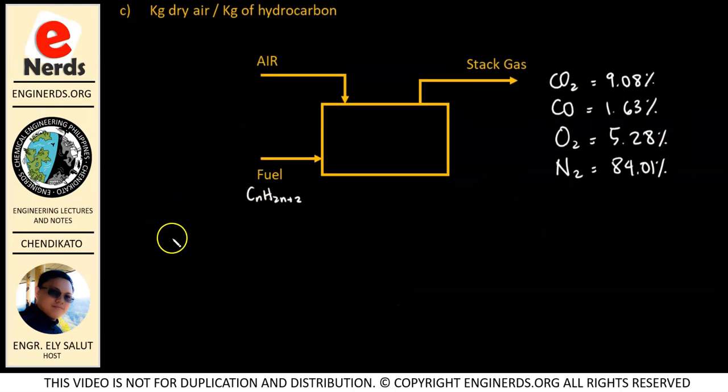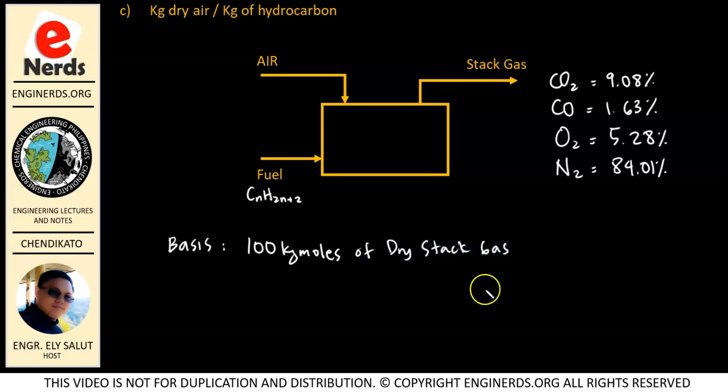So let us have our basis. Our basis is 100 kilogram moles of dry flue gas. Alright, so now we need to start solving for that.